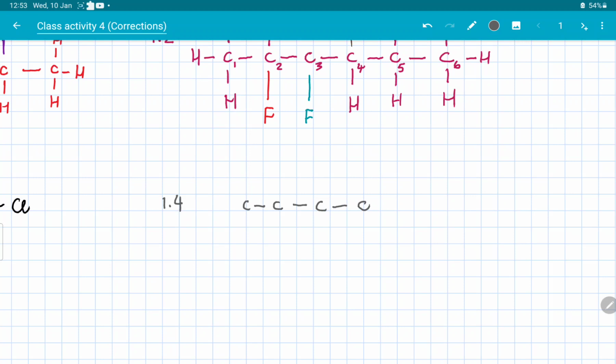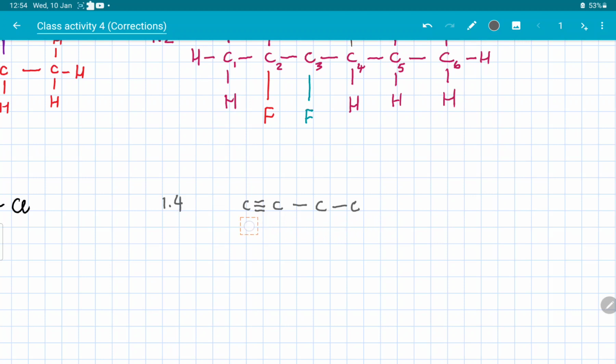But-1-yne, YNE, means it belongs under the homologous series alkynes. So I can place a triple bond up here, which makes this carbon 1, 2, 3, 4. Or if I want, I can place the triple bond this side, which makes this carbon 1, 2, 3, 4. Either way, I am correct.